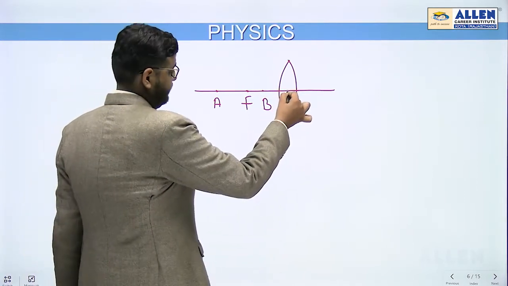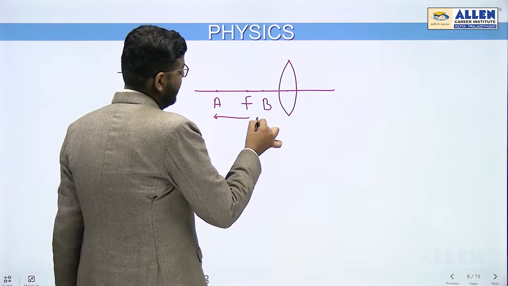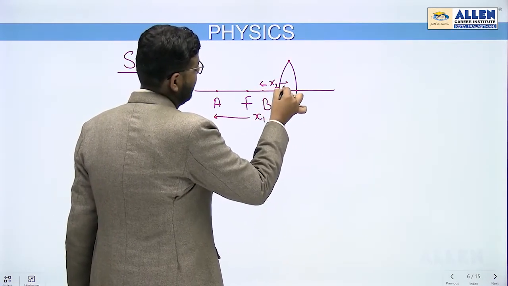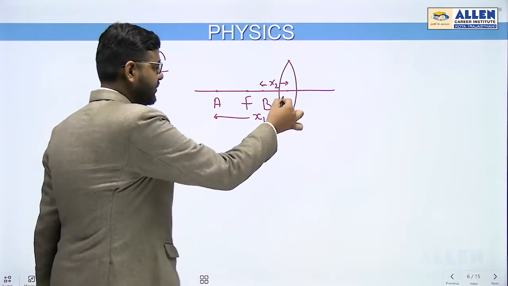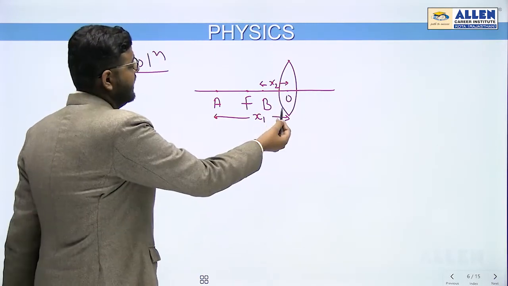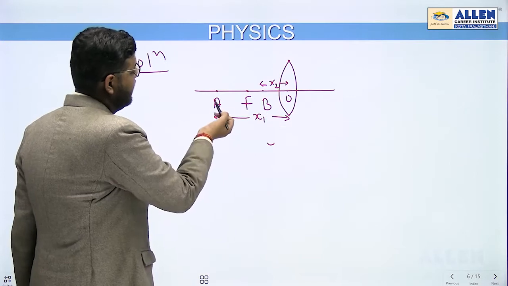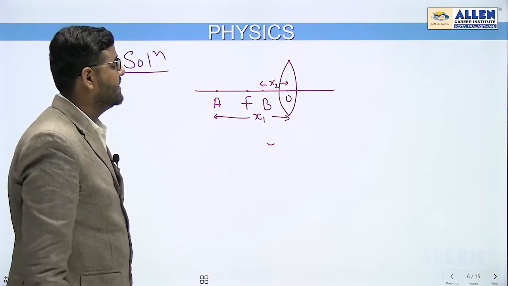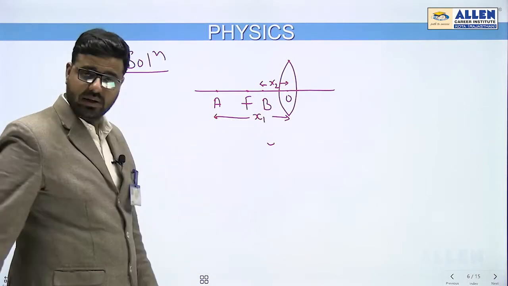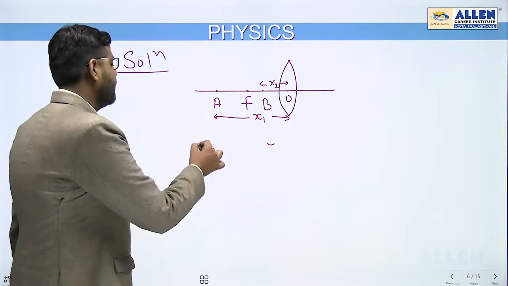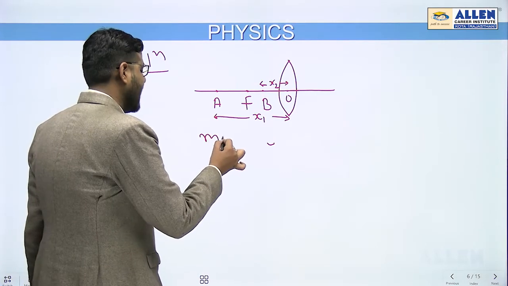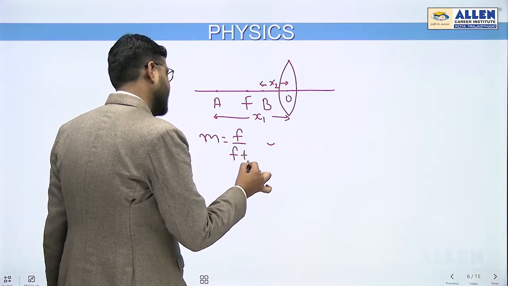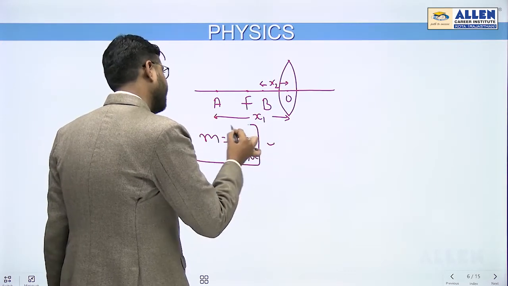Suppose this is x1 and suppose this is x2. So this is x1, that is the distance of the object placed at point A, and x2, that is the object distance when it is placed at point B. Now we know the formula for magnification, that is m equal to f by f plus u. So this is the formula for the magnification.